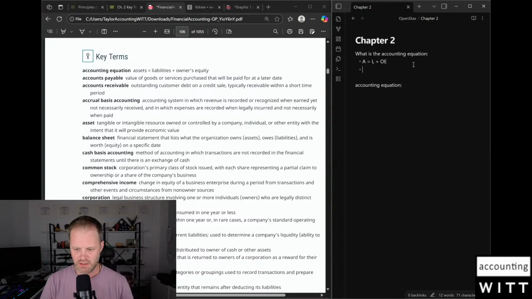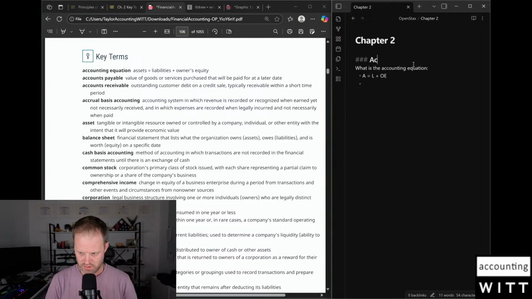This is meaning whenever, this is integral to double entry accounting.